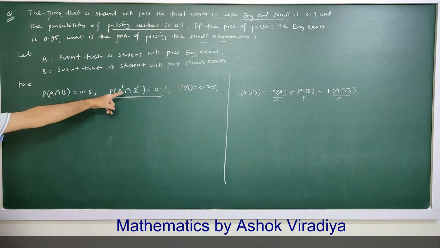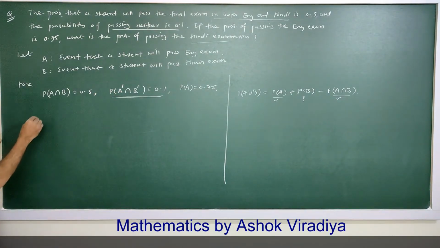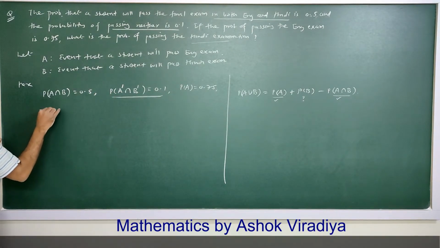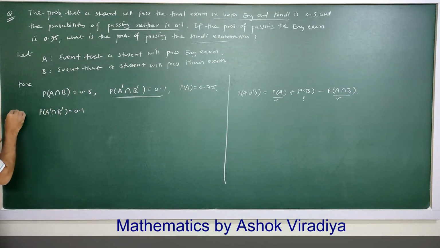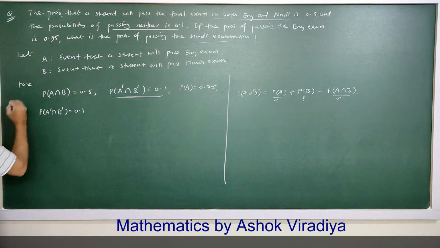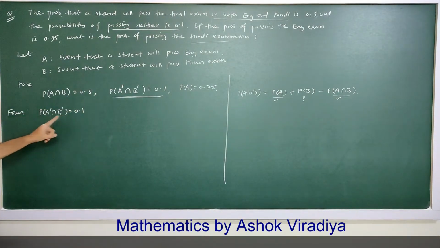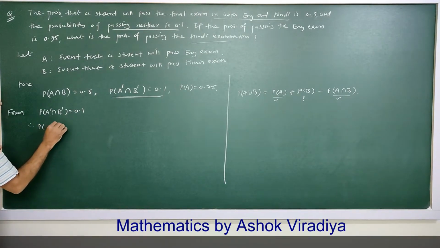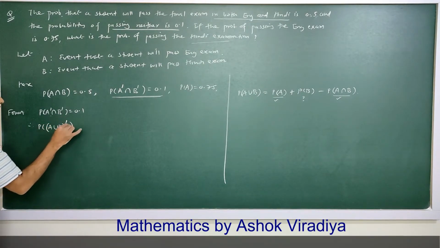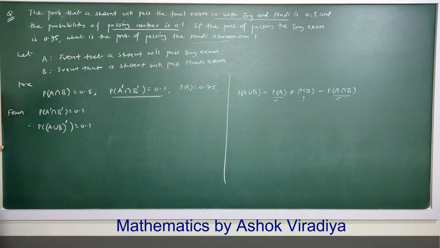Now, P of A dash intersection B dash is 0.1. That means probability of A union B whole dash is 0.1.